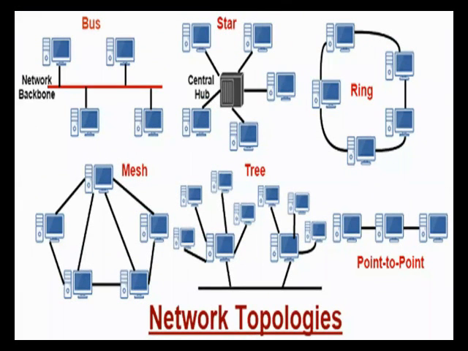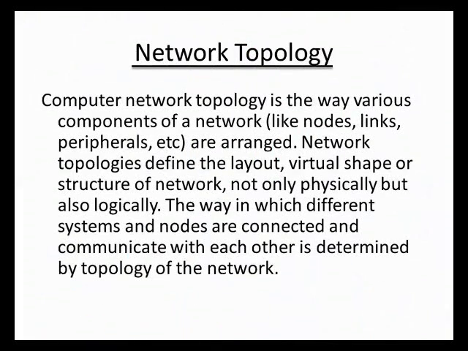So this is bus topology, star topology, ring topology, mesh topology, and tree topology. These are network topologies. Computer network topology is the way various components of a network like nodes, links, peripherals, etc. are arranged.